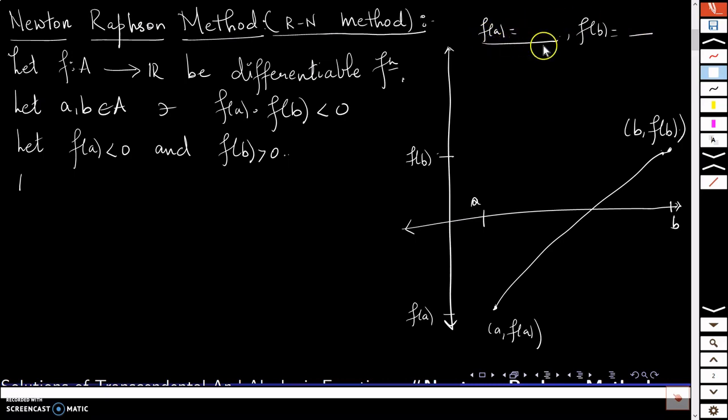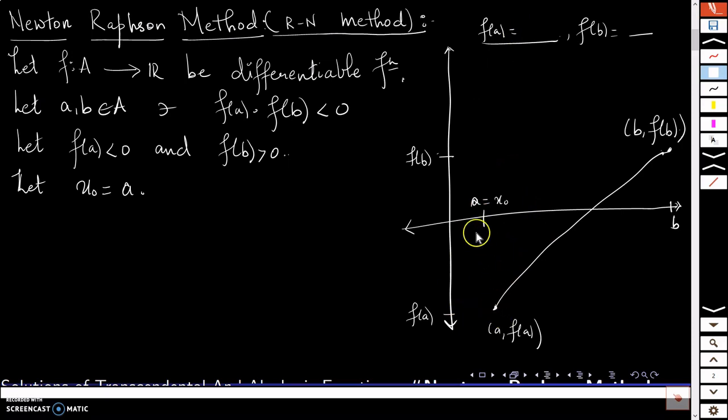Supposing f of a is close to 0, let's say, then I will take the first approximate root x naught as the point a. You can just compare these two values and check which one is closer to 0. That point you can take as the point x naught, right? So a is my x naught here. Although b looks closer in the diagram, I'm just assuming that f of a is closer to 0.